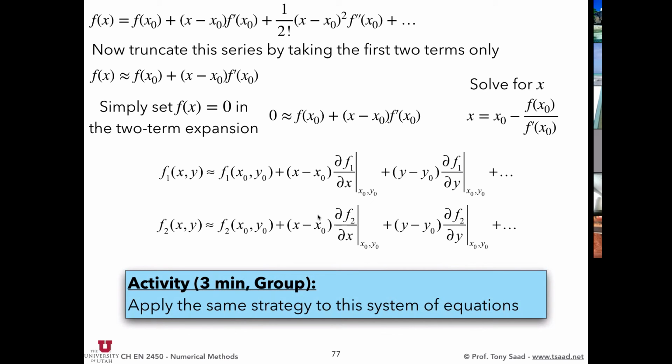Hint, you're going to get two equations, one for x and one for y, that are going to have an update. But I want you to try to relate this to what we did with the single equation for Newton's method. The same way we set f of x equals 0 over here, what are we setting? F1 and F2 equal to 0, right? So go ahead and try that. You've got 3 minutes. This is going to be a long exercise.